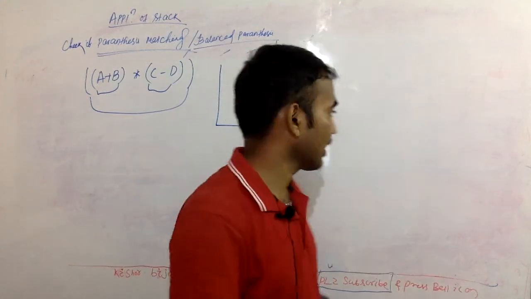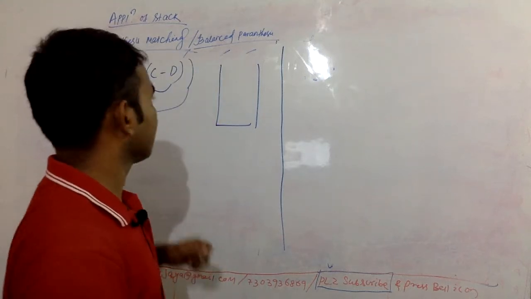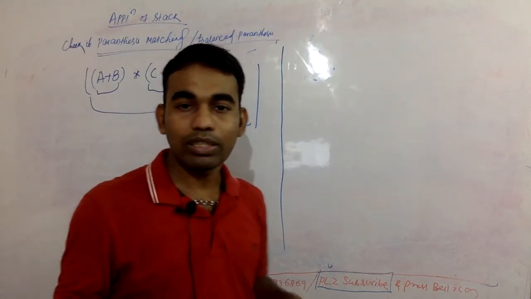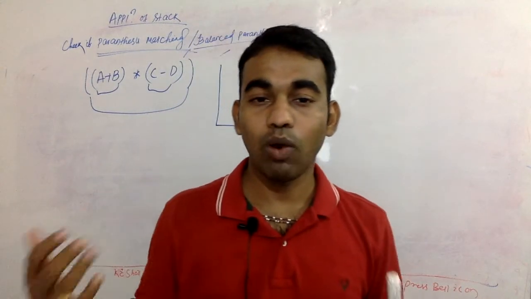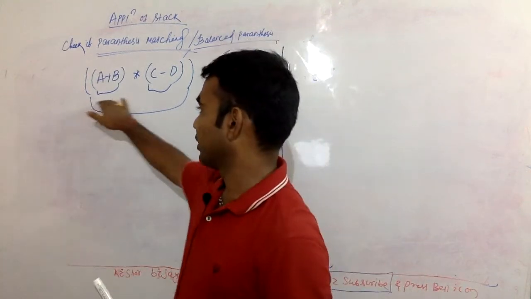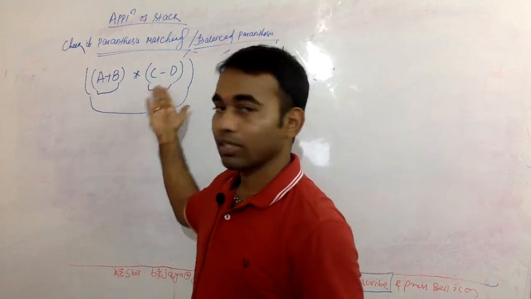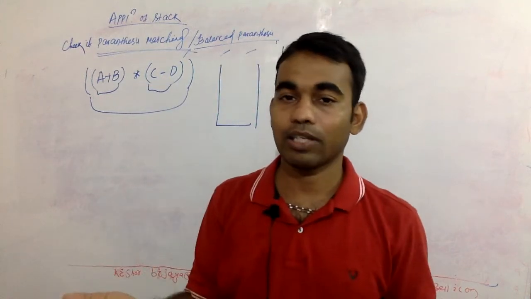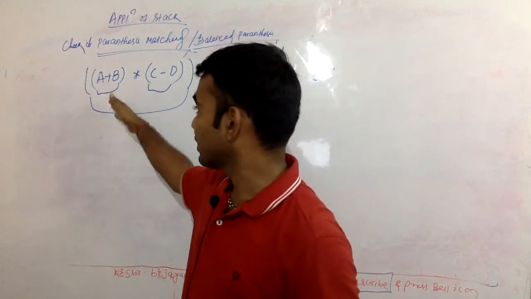So let's try to write down the algorithm of this particular checking parenthesis. Let's try to understand the concept. This algorithm will take what input? It is taking obviously a string, or you can say a sequence of characters. We will treat this as a sequence of characters, or a character array. And what we are doing, we are scanning each and every element.